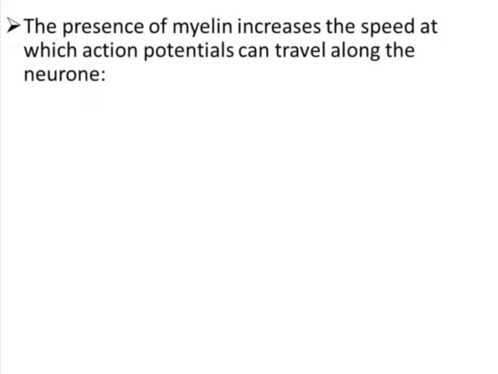In the presence of myelin, that means a myelinated axon, the speed at which the action potential can travel along the neuron increases, right? It does not travel along the whole of the membrane.